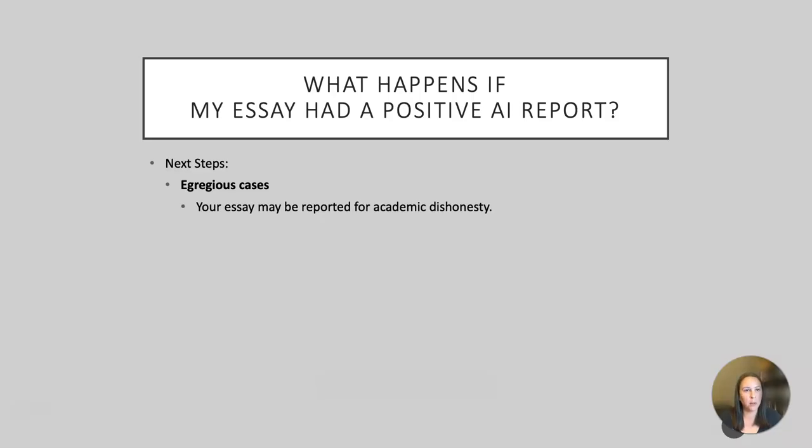For example, I have had students copy and paste not just an essay from ChatGPT, but the prompt that they gave ChatGPT, right? So it'll say, can you write me an essay, 2,000 words, make it sound casual? That kind of stuff wastes my time. I don't have time for it. I just fill out a report with the behavioral intervention team, pass it along to the dean's office. I just report that. That's egregious cases.